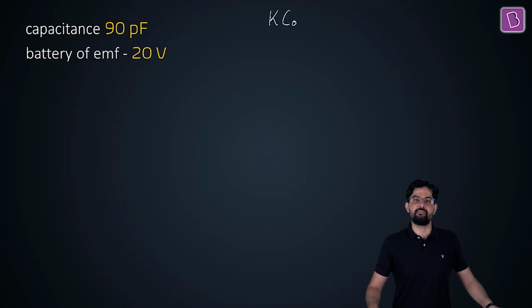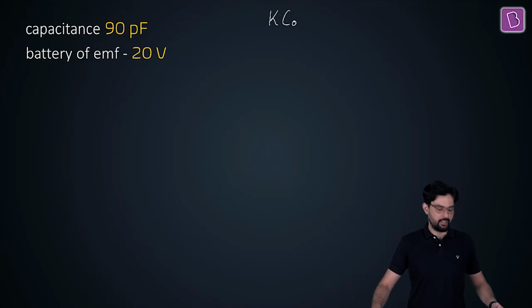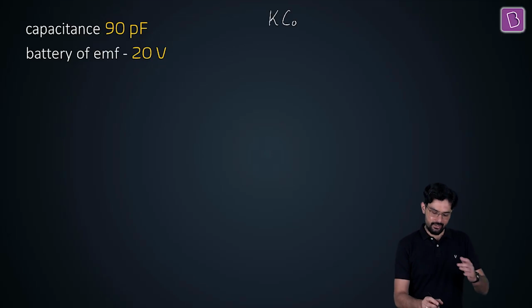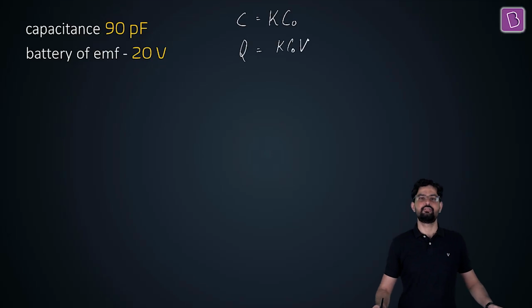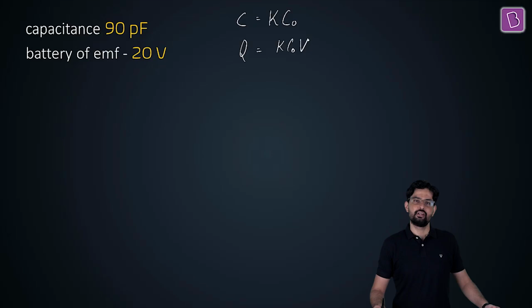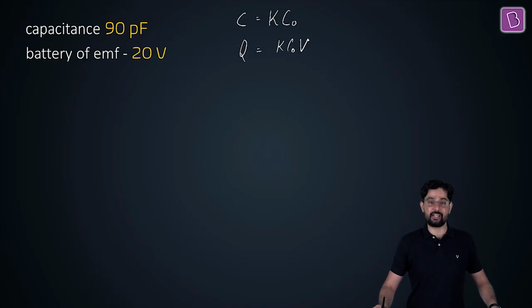And the magnitude of charge on each plate of the capacitor is going to be, so we know that Q is CV, right? So the charge on each plate is going to be K C naught into V. So let's find out the magnitude of the charge on the plate of the capacitor.